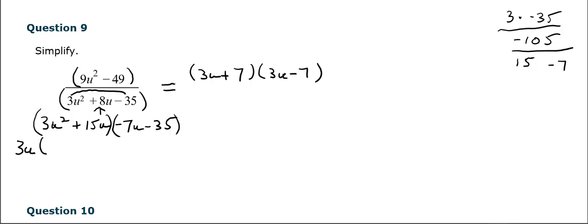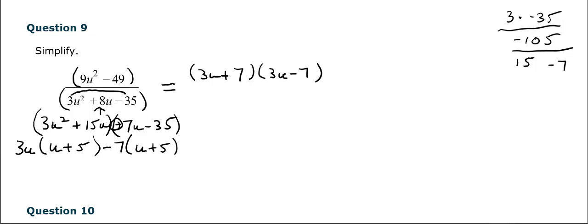And when we divide 3u out of both of those terms, that gives us u plus 5. Now in the second grouping, since this is a negative, we're going to factor out a negative, and 7 goes into both 7 and 35. So we're dividing negative 7 out of each, and that will also leave us with u plus 5.